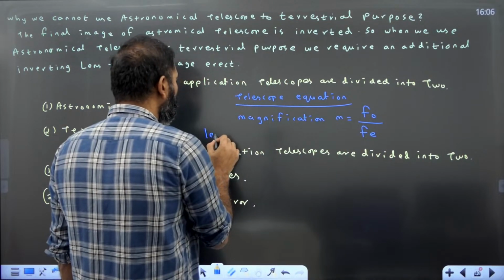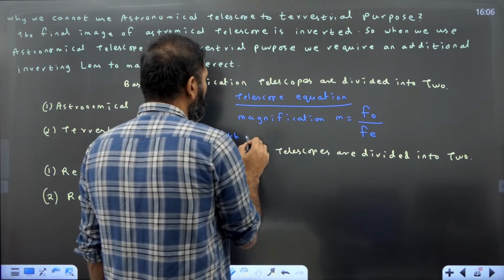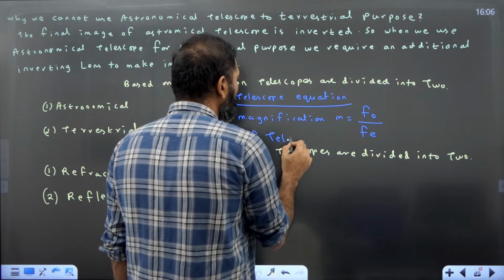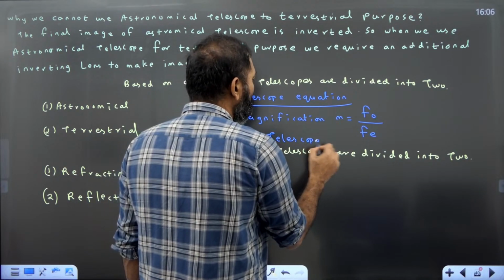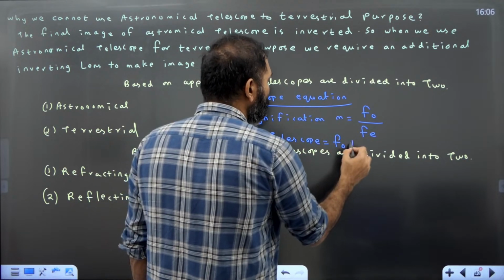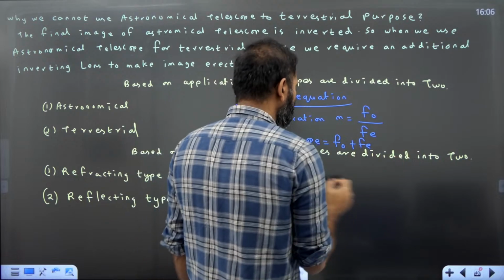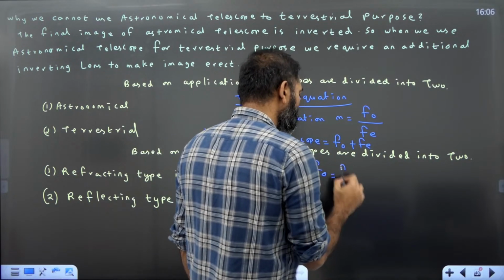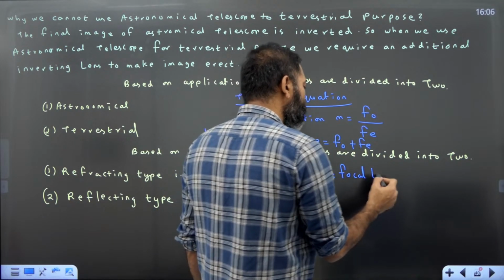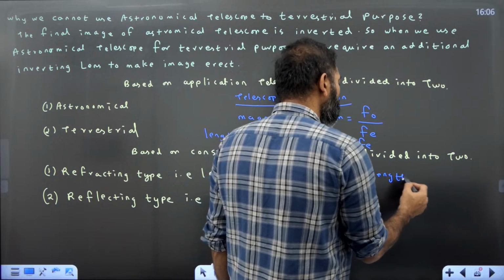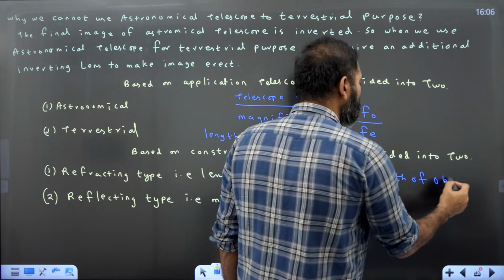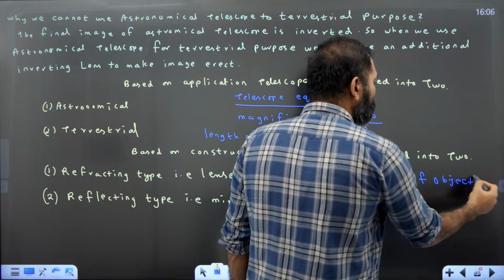Length of telescope, FO plus FE, focal length of objective plus focal length of eyepiece. What is FO? Focal length of objective. And FE, focal length of eyepiece.